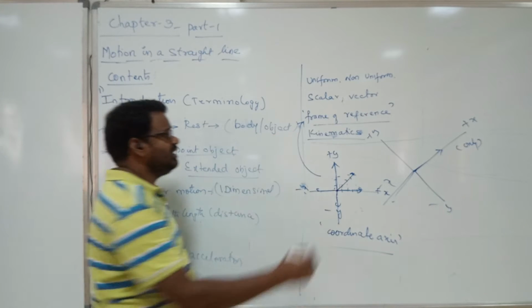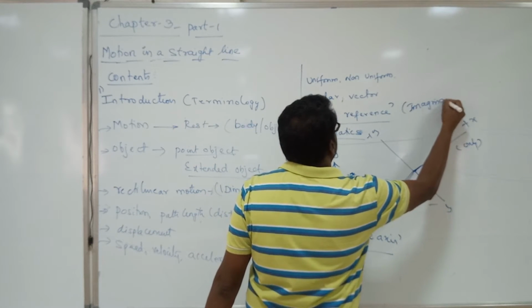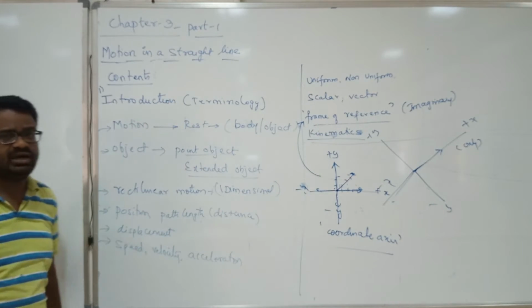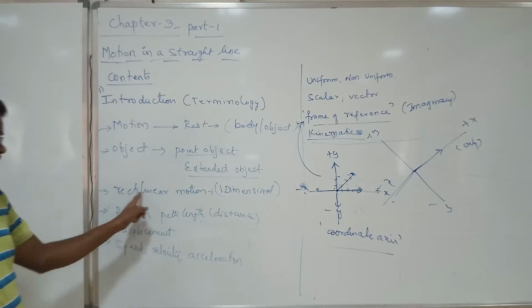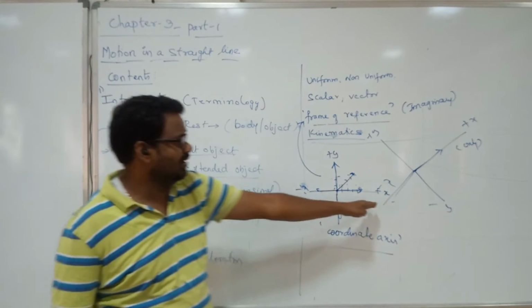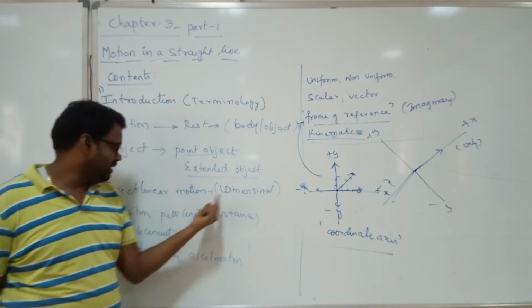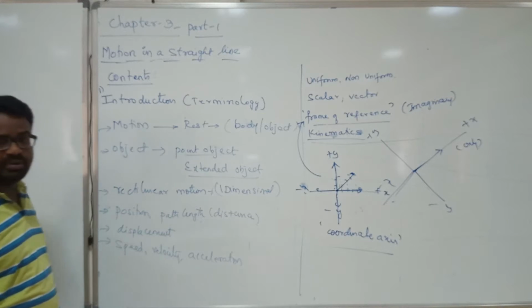This is purely imaginary, we will imagine. You must imagine some kind of coordinate axis to see in which direction the change in position is going to take place. Having change only in one straight line path refers to the concept of what? One dimensional motion.